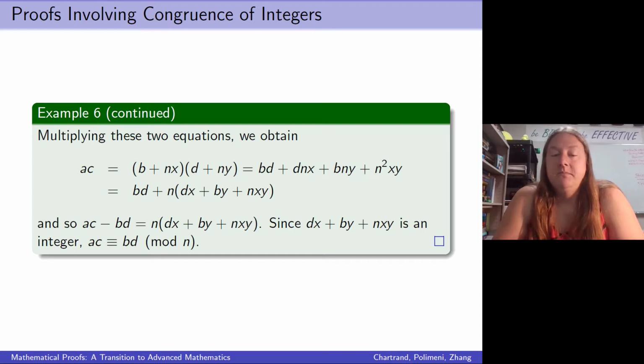Now, dx plus by plus nxy is an integer. If I subtract bd from both sides, I find that ac minus bd equals n times an integer. Well, by the definition of congruence, I have that ac is congruent to bd mod n. There are all kinds of fun proofs that we can do with the divisibility and congruence of integers, so I hope that you're excited to dive into a few.